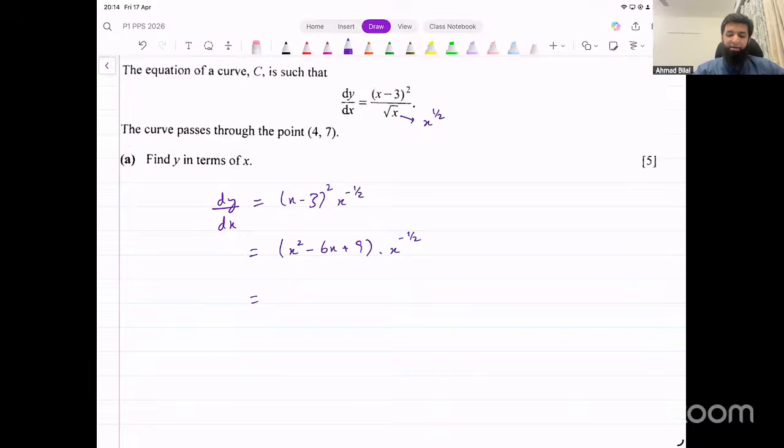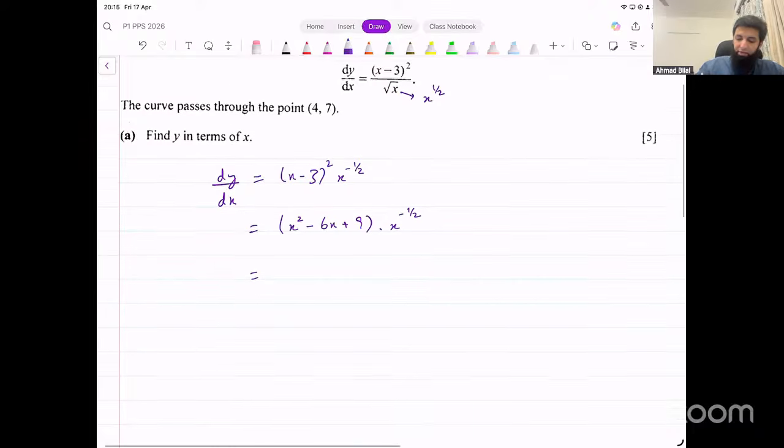For integration as well, we cannot integrate products directly, right? It's a product. We don't know how to integrate products in paper 1. We do that in paper 3, although this will be hard to do using integration by parts as well. But we cannot integrate it directly because it's a product. So for that reason, we need to expand it.